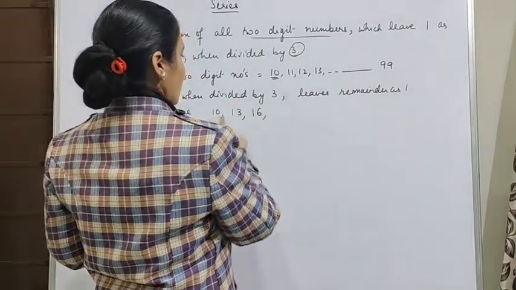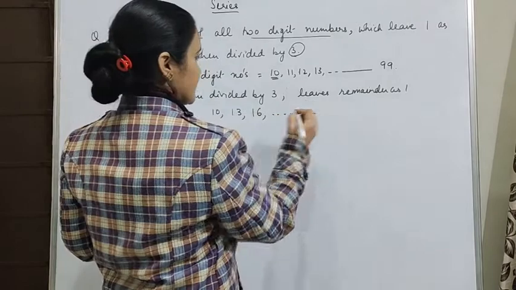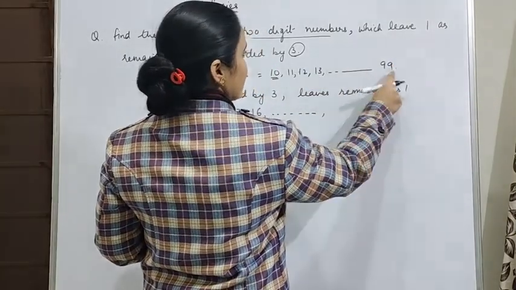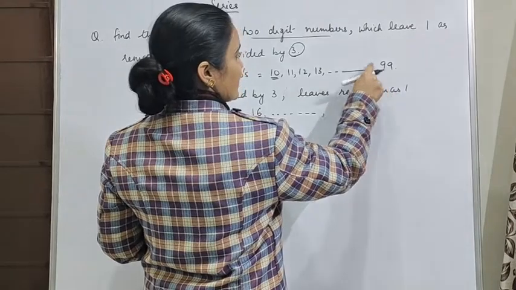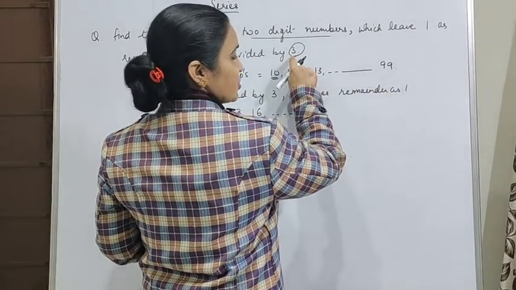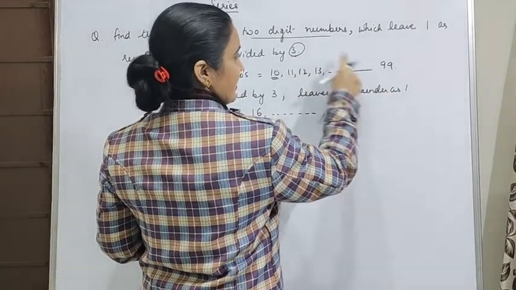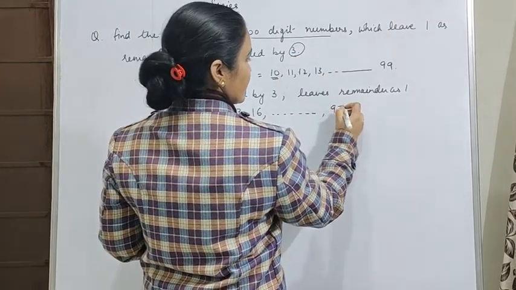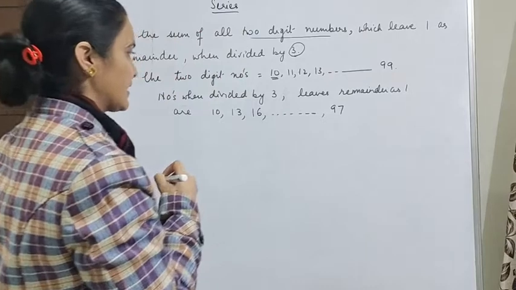Okay. And so on. Similarly at the end, 99 when divided by 3 will give remainder 0, 98 will give remainder 2, 97 when divided by 3 will give remainder 1. So the last term here is 97.